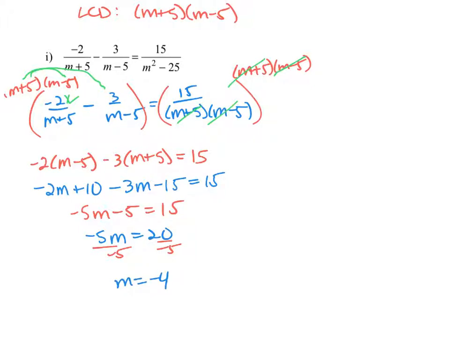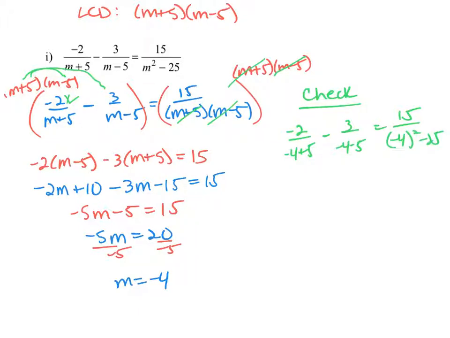Okay, we do want to check our answer by plugging in negative 4 back into the original equation for m. We get negative 2 over negative 4 plus 5 minus 3 over negative 4 minus 5 equals 15 over negative 4 quantity squared minus 25.